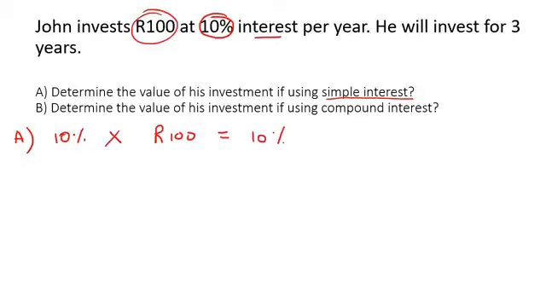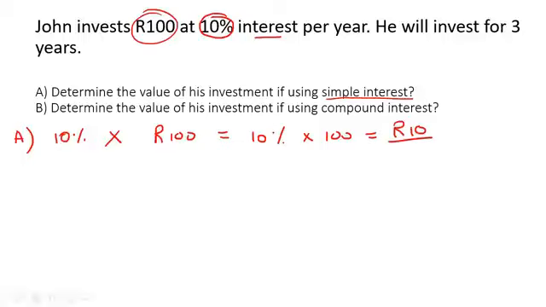You must put the percent on your calculator, multiplied by 100. You could also say 10 over 100, because when you divide by 100, then you're getting rid of the percentage sign, and then you can multiply it by the price. That'll also work. So however you want to do it, it doesn't matter. If you do this correctly, you should end up getting 10 Rand.